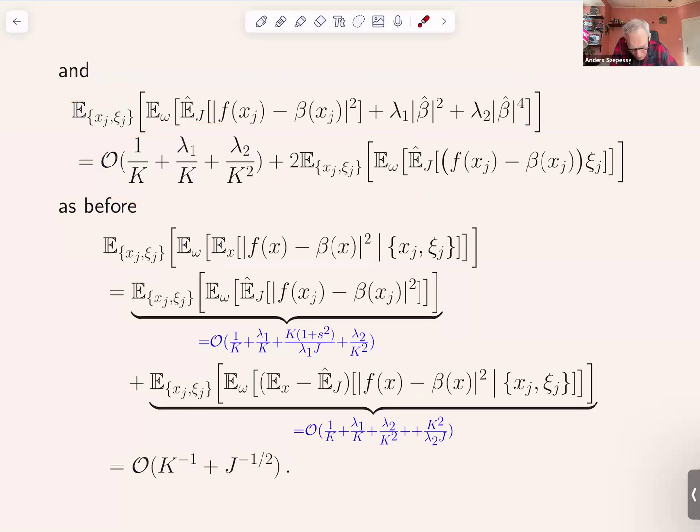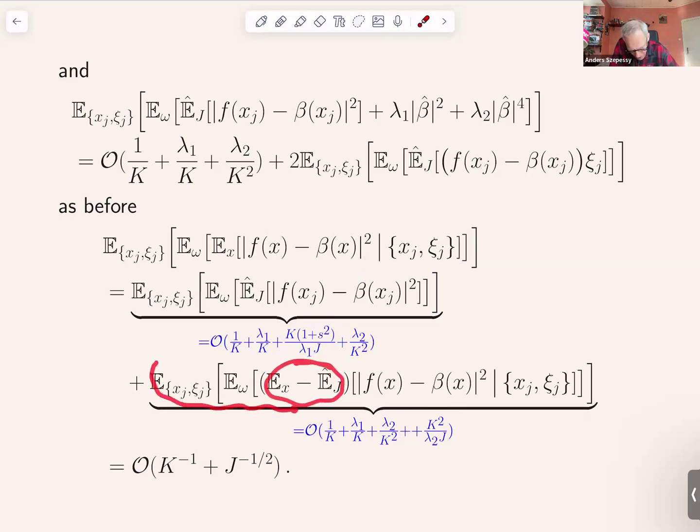And then one can prove that this pollution here gives an additional term, similar to what we obtained before with the generalization error, k squared divided by lambda 2j. We obtain an error where we use the penalty term lambda 1 and 1 over j. I will show you that in the next slide, but we still split it up into the training part and the generalization part.